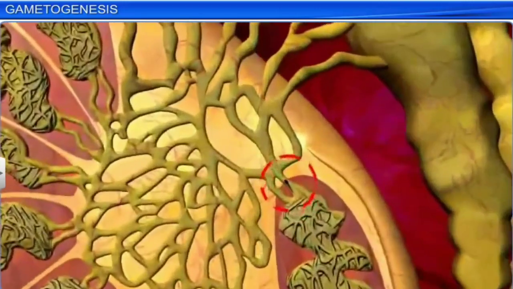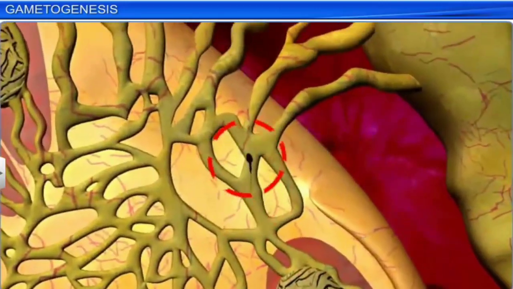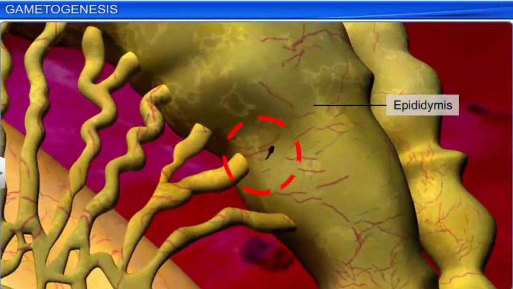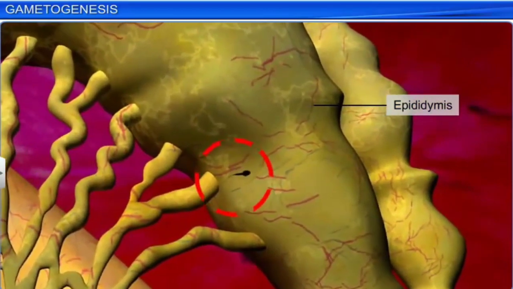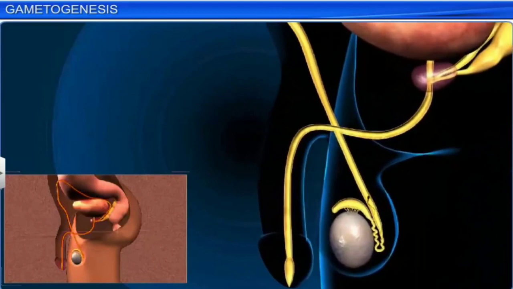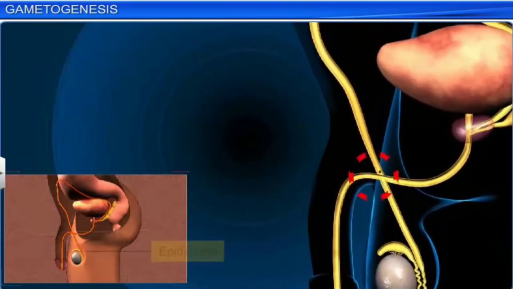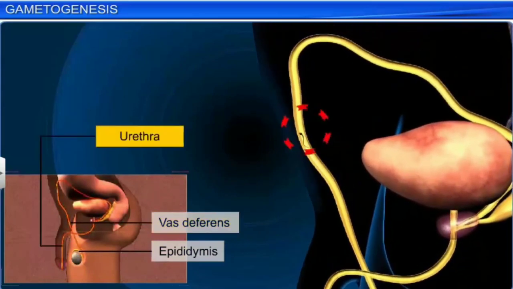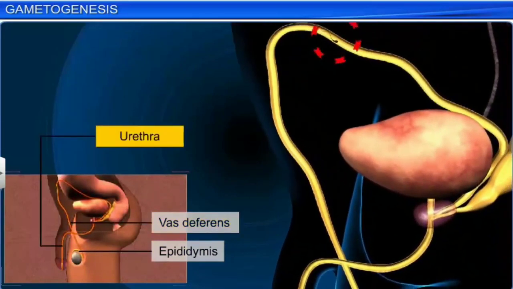The lumen has testicular fluid that helps transport the non-motile sperm to the epididymis, where they mature and become motile. During ejaculation, sperm from the epididymis are transported via the vas deferens to the urethra in the penis.